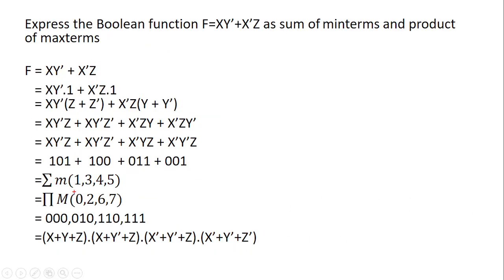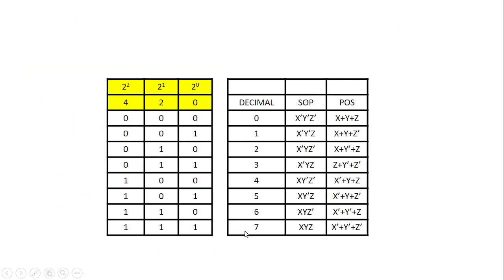So what is missing? 0 is missing. 1 is there. 2 is missing. 3 is there. 4 is there. 5 is there. 6 is not there. 7 is not there. Out of these 8 terms, 0 is missing, 2 is missing, 6 and 7 are missing. Rest of them, 3 is there, 4 is there, 5 is there and 1 is there.